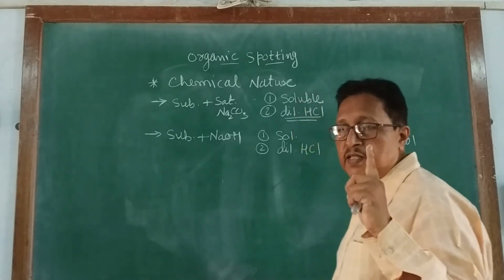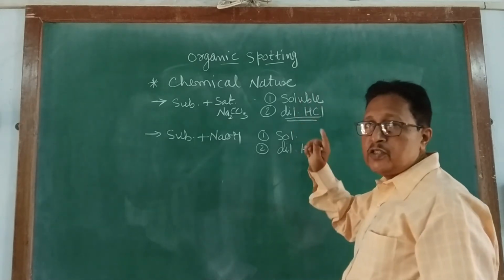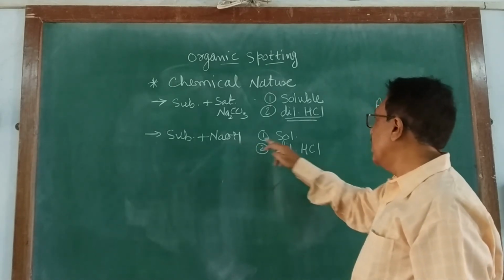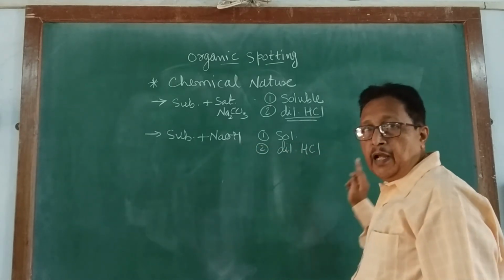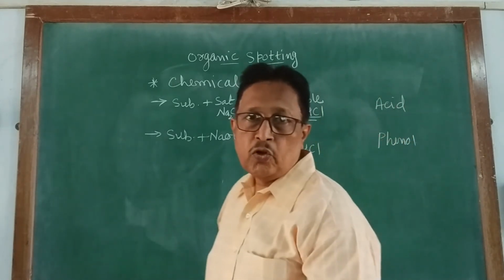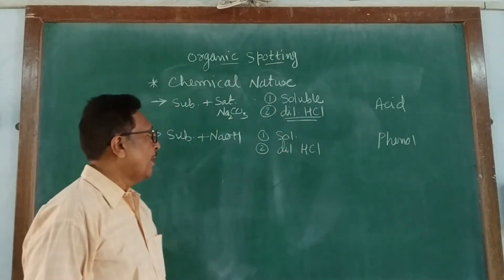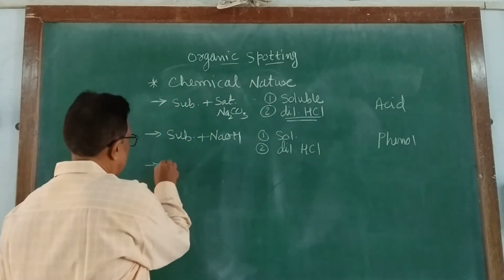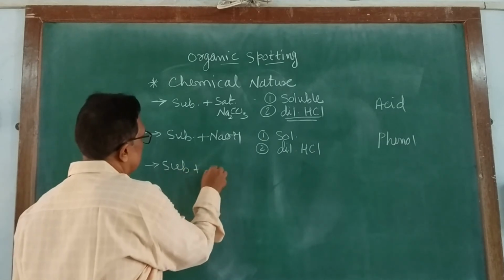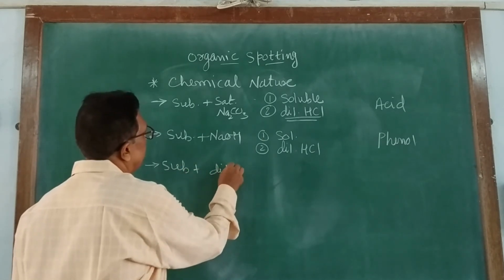If your substance is not soluble, it is not dissolving in NaOH, then phenol will be absent. So perform it carefully. The third one, substance plus dilute HCl.